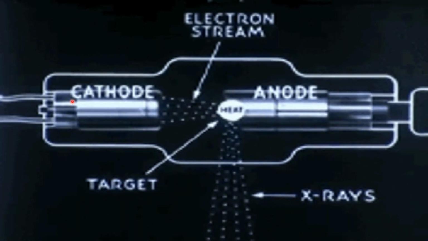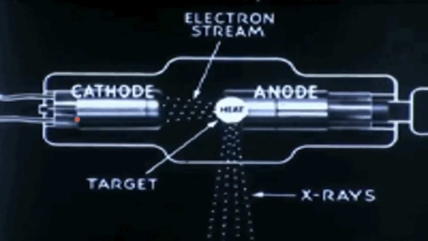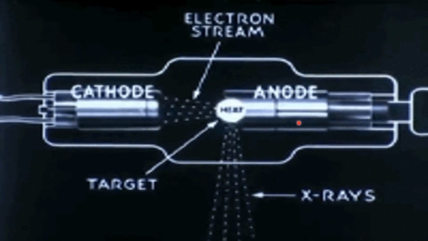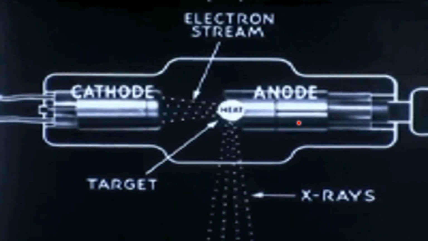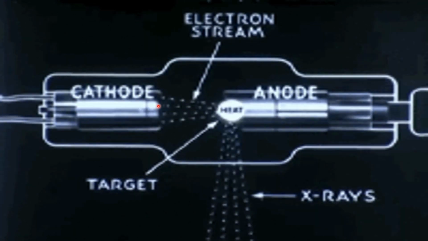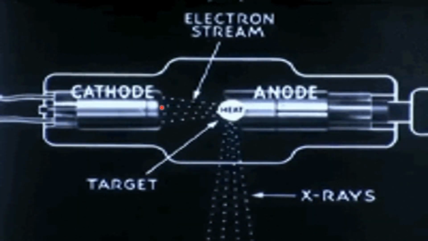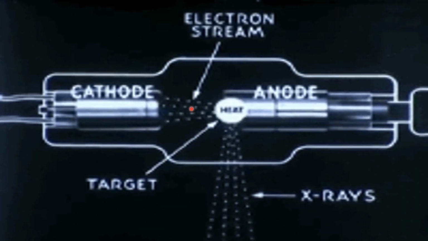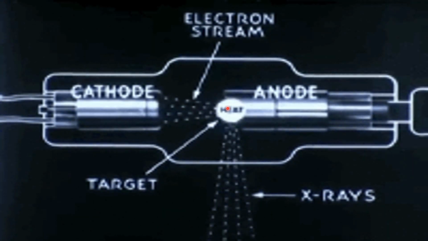Usually the X-ray tube consists of a cathode and anode. Please note that the cathode is an electrode from which a beam of electrons is generated and accelerated toward the anode.